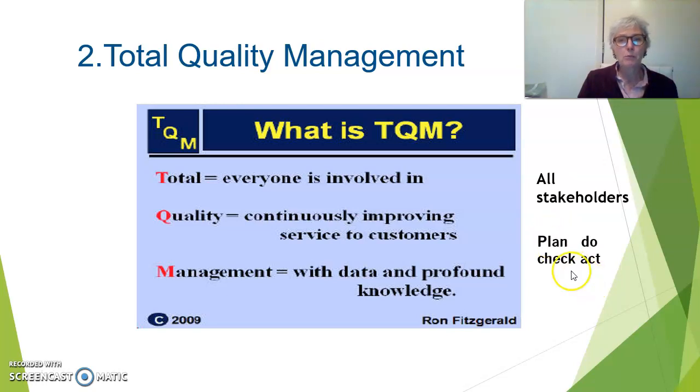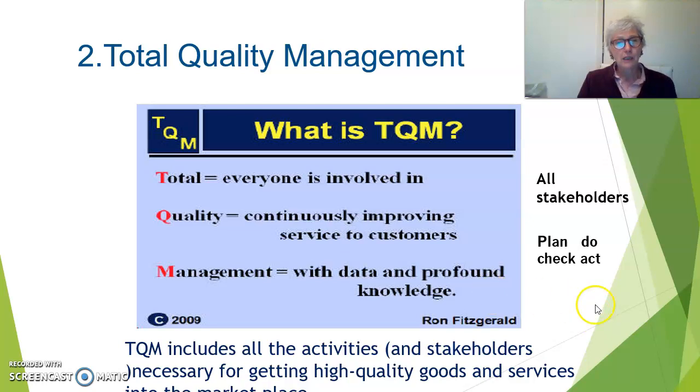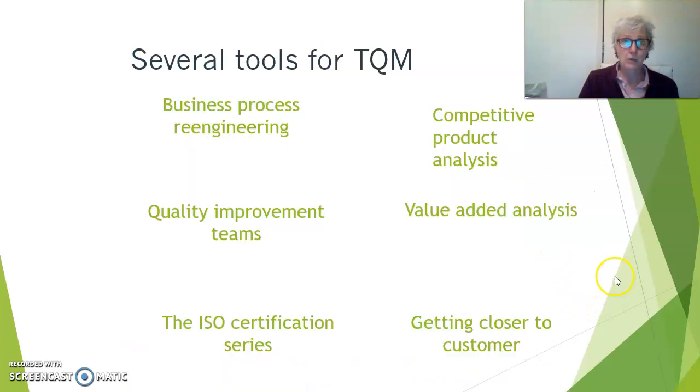Quality stands for improving service to customers or improving products, and this improvement is done with the help of the circle of Deming: planning, organizing, directing and control for managers, or in short, plan, do, check and act. Now, management, of course, includes all data and all knowledge to improve a better result for the customers.